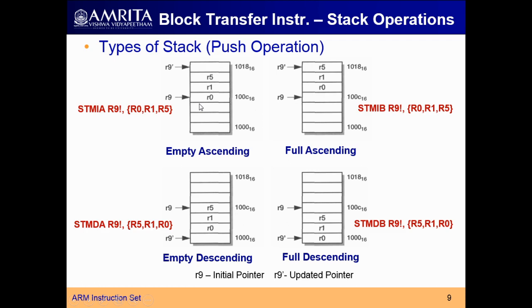Whatever content is present in the address location pointed by R9 in this case will be stored onto the corresponding registers. So whenever you load the content of memory to a register, you use load multiple. For push operation you use store multiple. For pop operation you use load multiple.